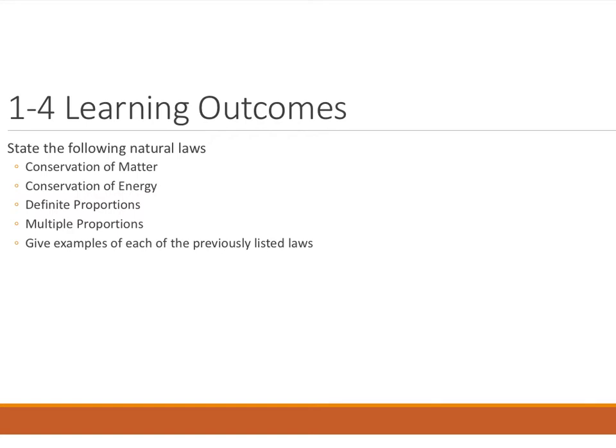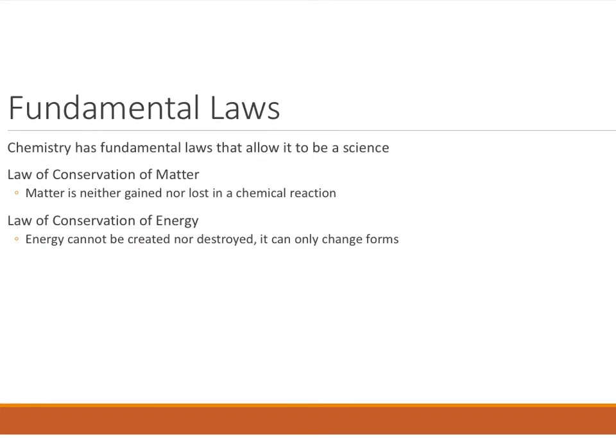All right, in Section 4, I want you to be able to state the following natural laws and to be able to give examples or explain those laws. Chemistry has fundamental laws that allow it to be a science. The two most important are the law of conservation of matter, which says that matter is neither created nor destroyed in a chemical reaction.